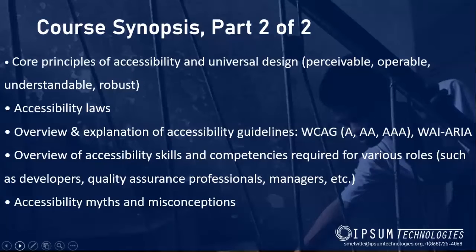We've looked at some of the skills and competencies needed to create accessible documents. And today we'll cover a little bit about the accessibility laws, and we will also look at an application that Ipsum Technologies is developing that would enable more persons to be able to access the internet. And of course, get equal opportunities in terms of job employment.